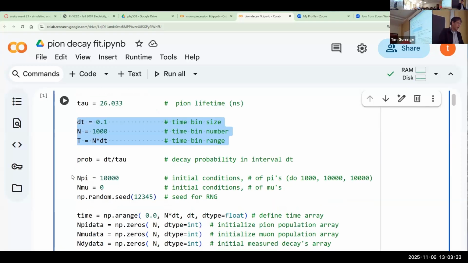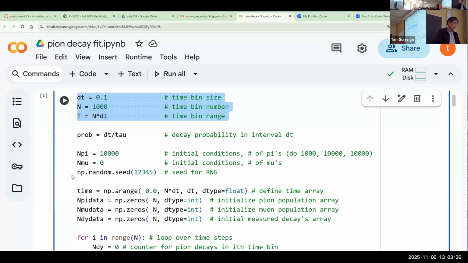When we talked about the Monte Carlo method before, we would generate pion decays. Pions are going to decay to muons. We would test each pion, whether it decays to a muon in each tick of our time bit, in each clock tick.